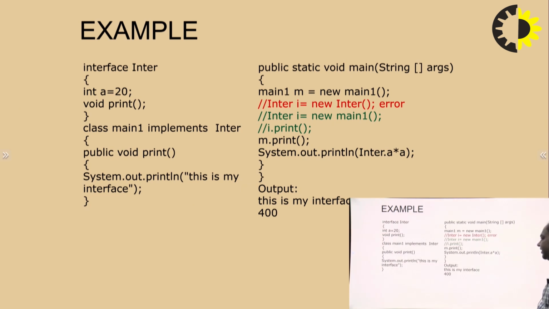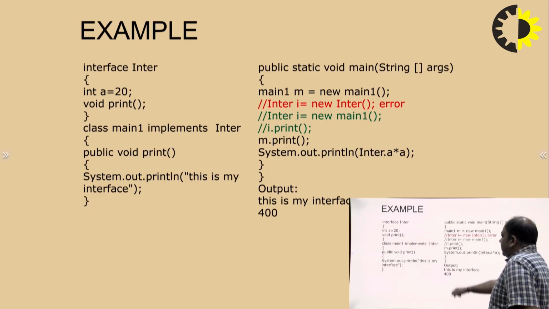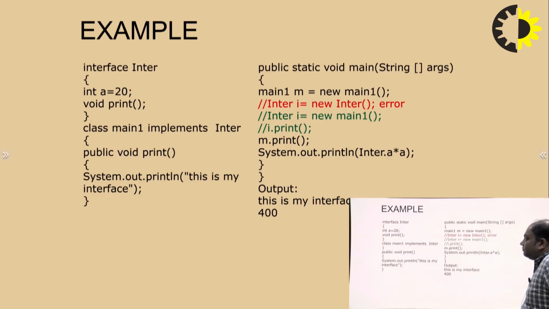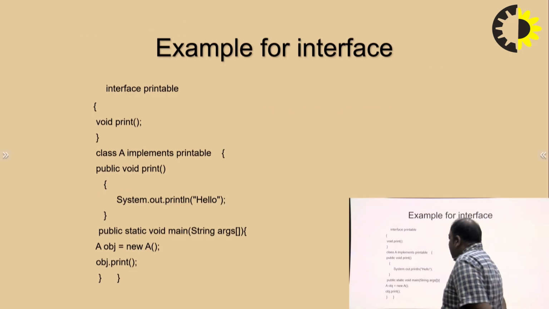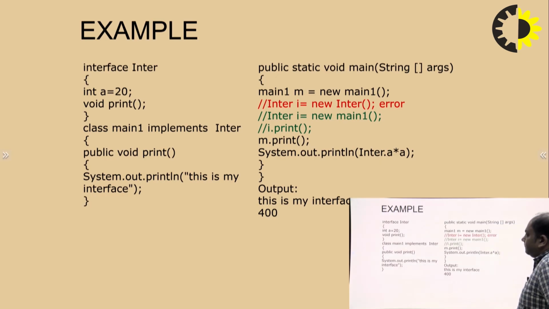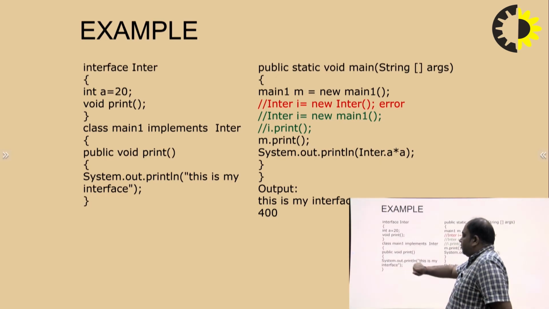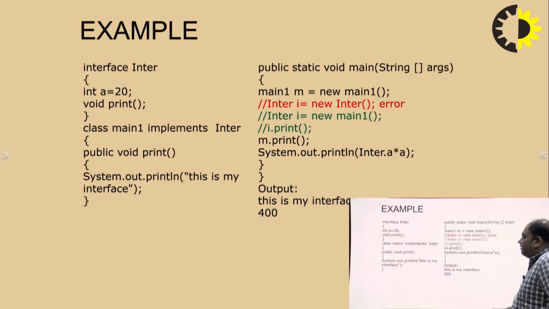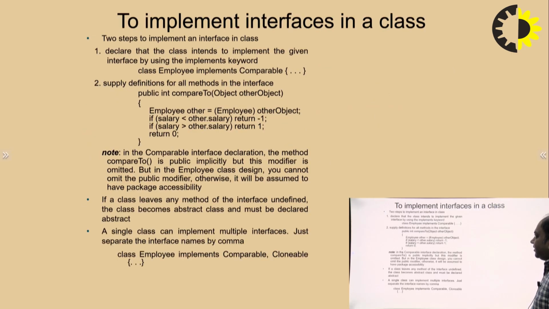This is my interface, which multiplies 20 by 20, a into a, and the output is 400. So with this example, we come to know that we can print also, by creating the interface.